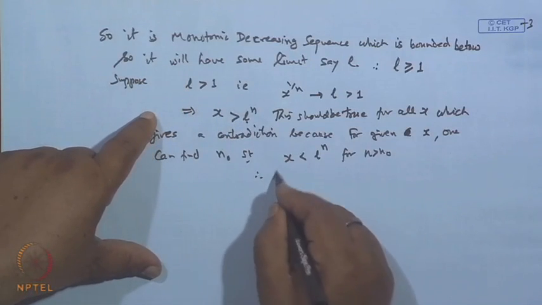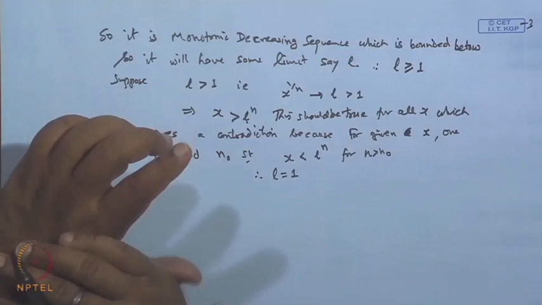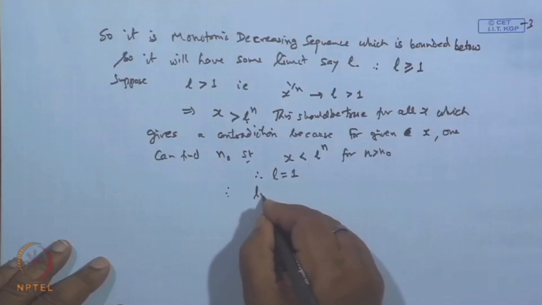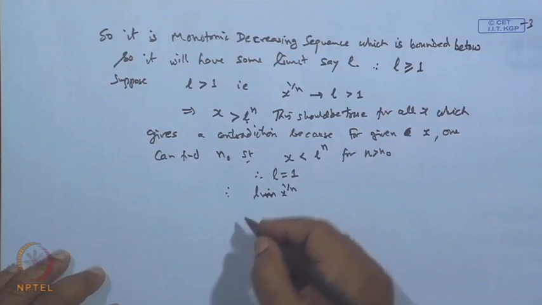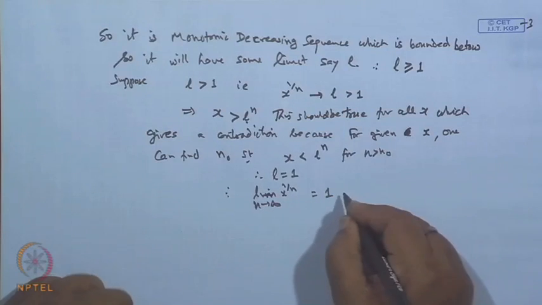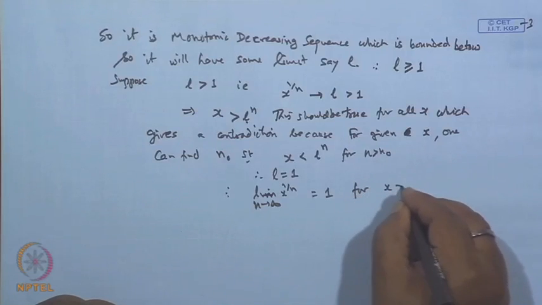Therefore, L must be equal to 1. Is this clear? So, what we conclude is that the limit of x to the power 1 by n as n tends to infinity is 1, for x greater than 1.